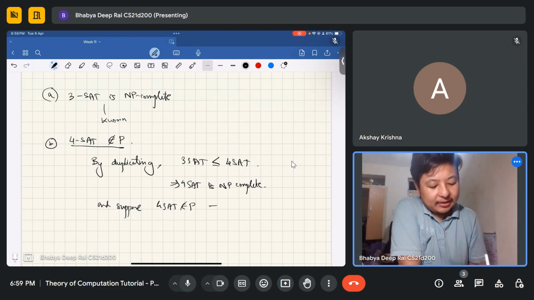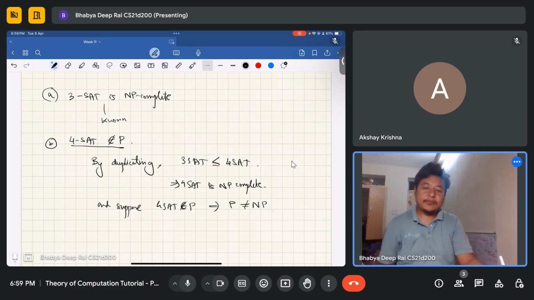It would mean that P is not equal to NP, because say P is equal to NP, then all the NP complete languages would fall inside P. But this is not the case. We are saying 4SAT is not in P, so obviously P is not equal to NP.